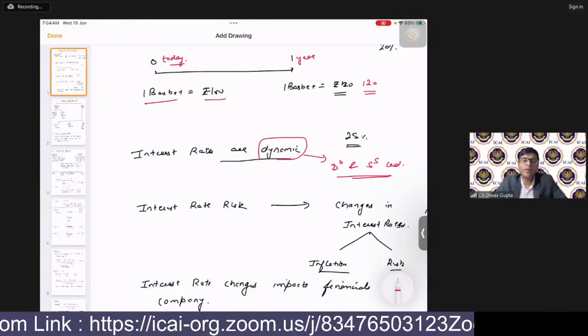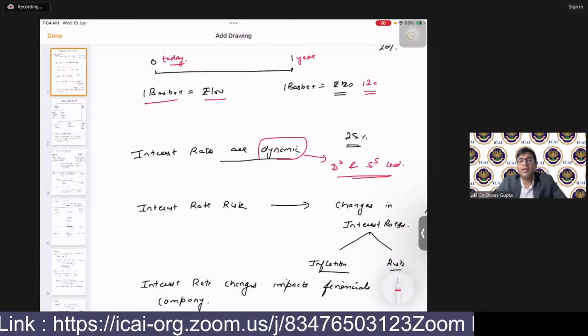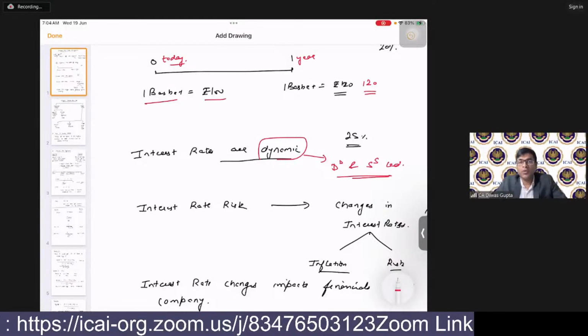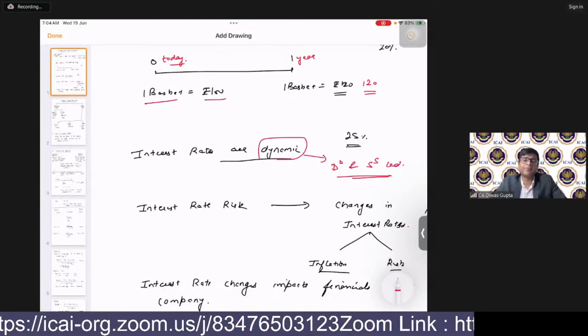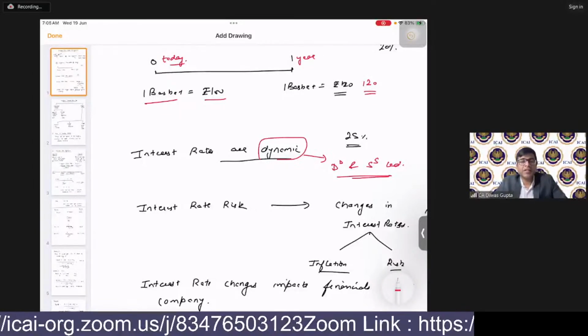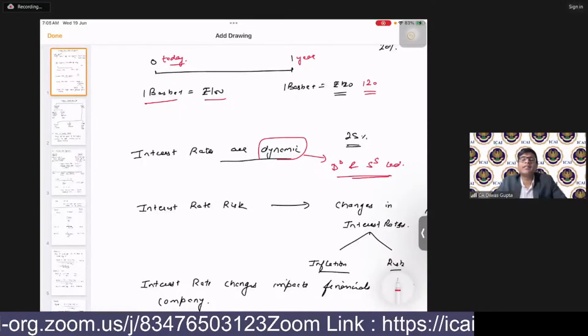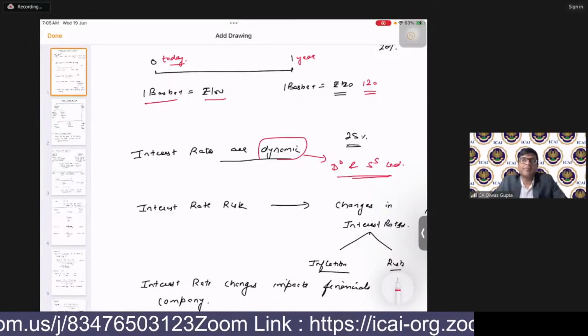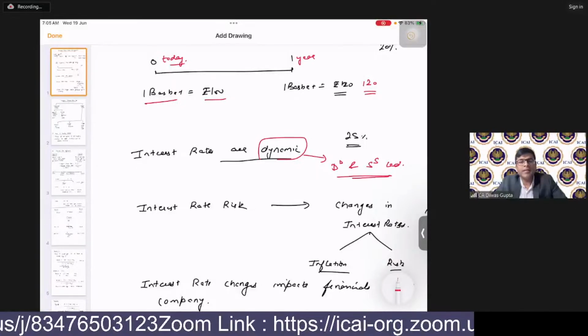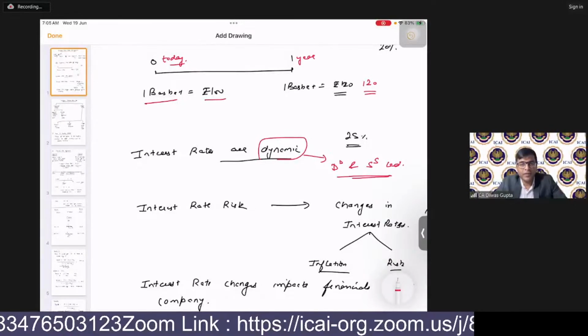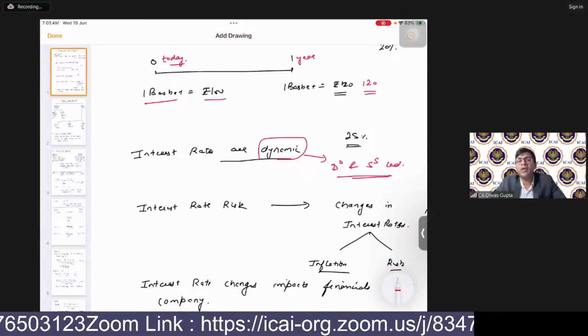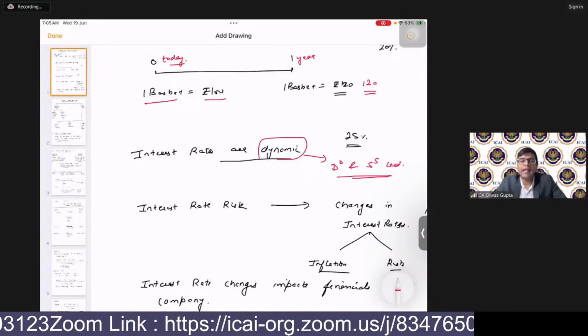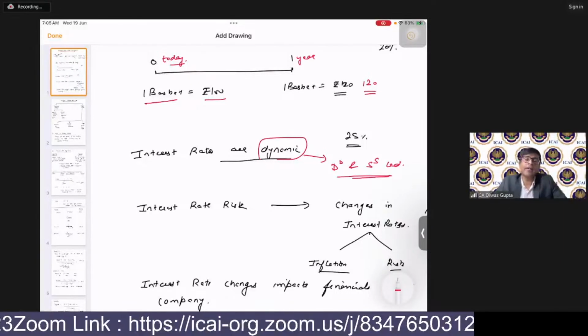In case the demand for loans or credit is decreasing, the interest rates will also decrease. In a way, we can say that it is dependent on the demand and supply of credit or loans, and hence interest rates are dynamic.